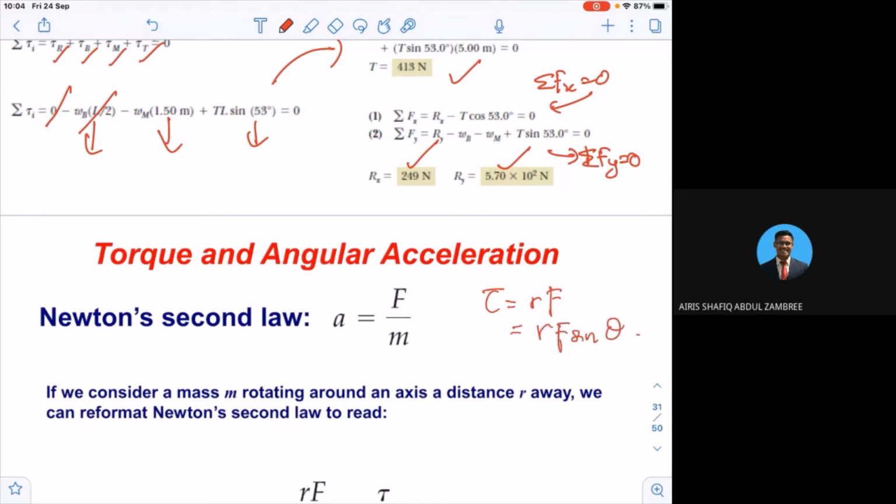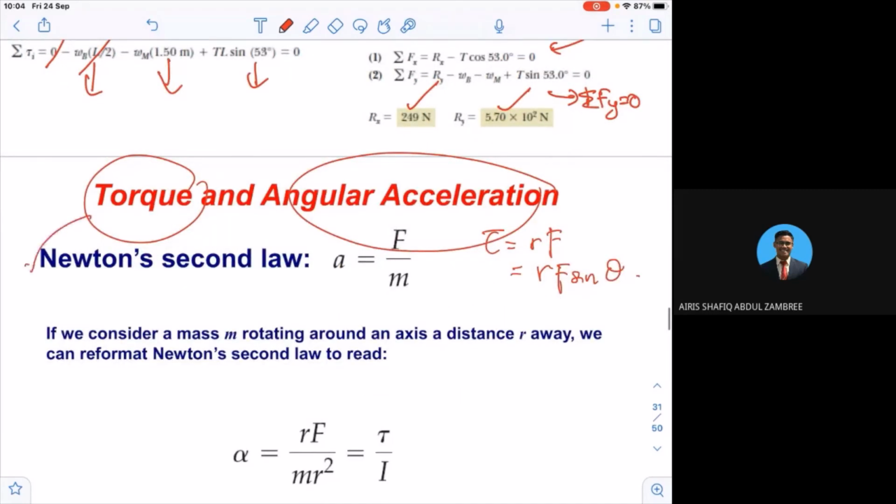But what happened when we try to consider torque and also angular acceleration? Torque is just a torque, that means you can relate these things to the force. If it's linear, then torque will be force, while the angular acceleration is alpha, and alpha can be comparable to acceleration.